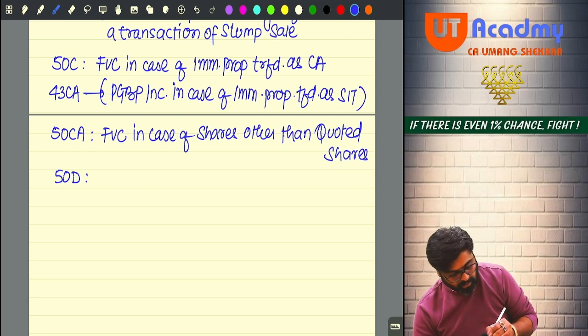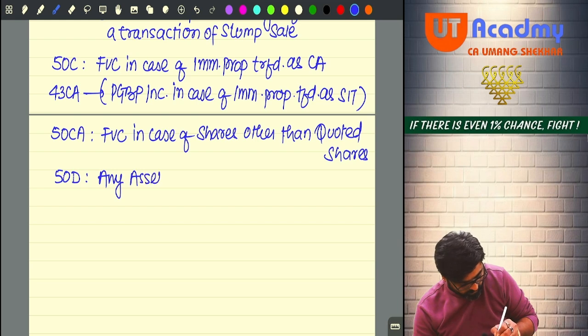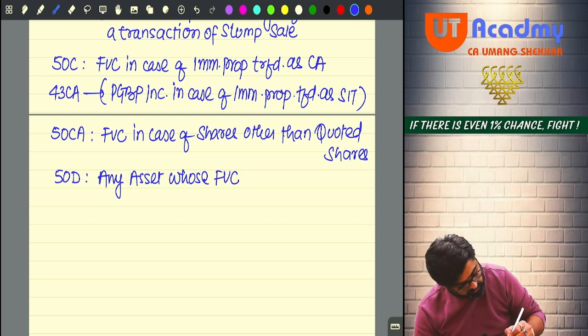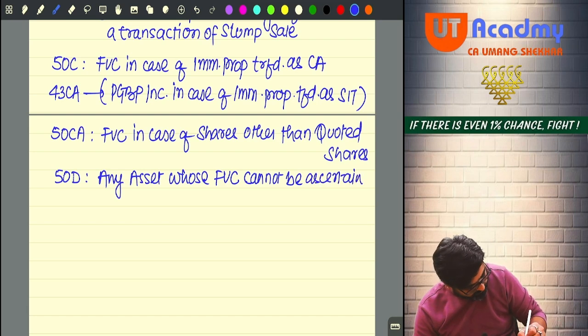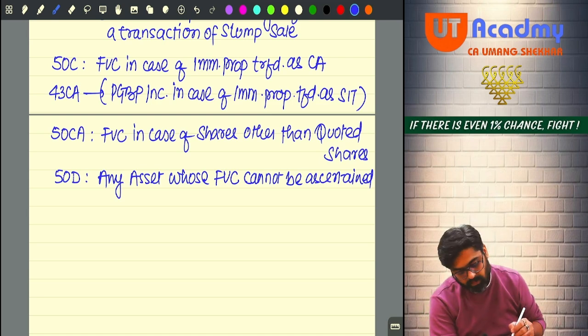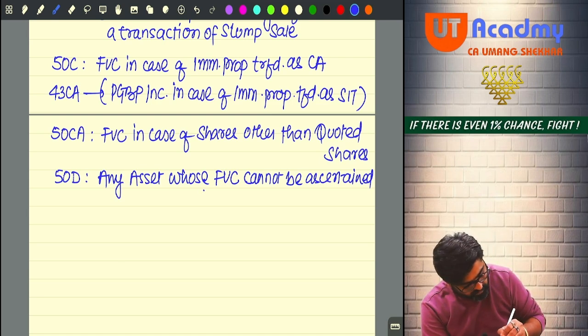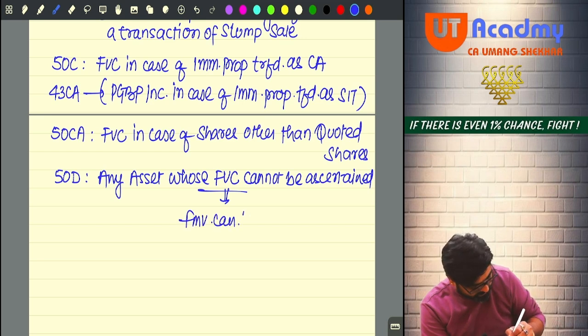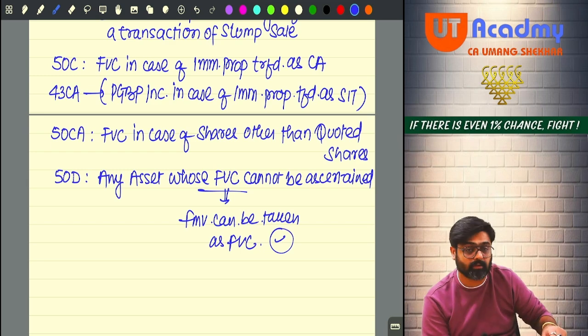But in case of any asset whose full value of consideration cannot be ascertained or determined, then FMV can be taken as full value of consideration for that asset.